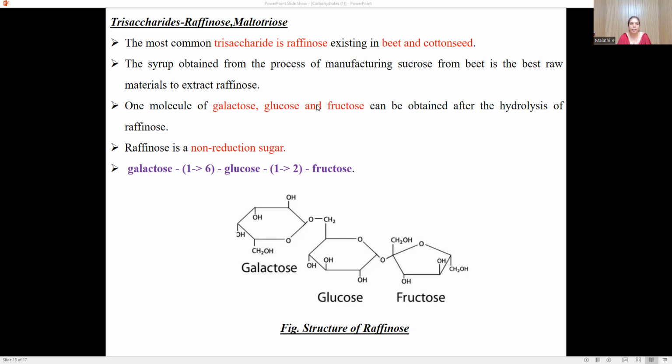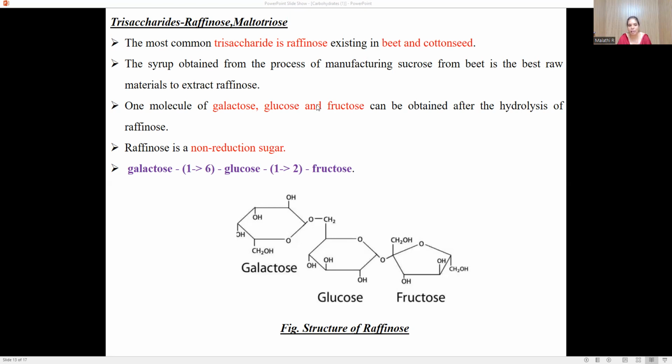Among the disaccharides, lactose and maltose are reducing sugars, but sucrose is a non-reducing sugar, because its functional groups are involved in the bond formation. Even raffinose is a non-reducing sugar because it cannot reduce both Fehling's solution as well as Benedict's solution.